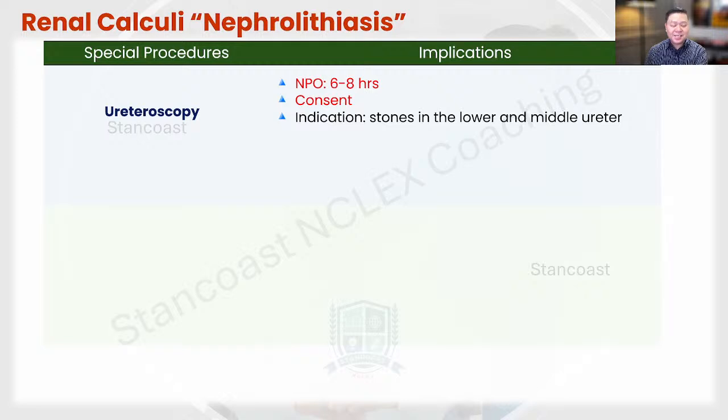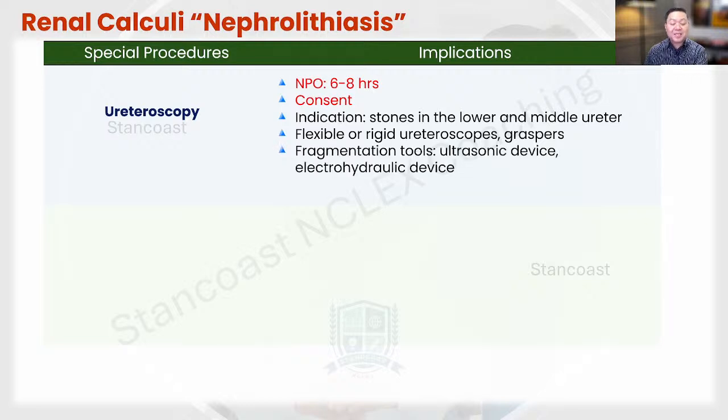This is a diagnostic test that will involve the use of flexible or rigid ureteroscopes, paired with baskets or graspers. After that, it will also involve the use of fragmentation tools. It will break down the stones using electrohydraulic instrumentation, an ultrasonic device, or maybe a laser device that will break the stones into smaller pieces. And after that, there is going to be an insertion of a stent.